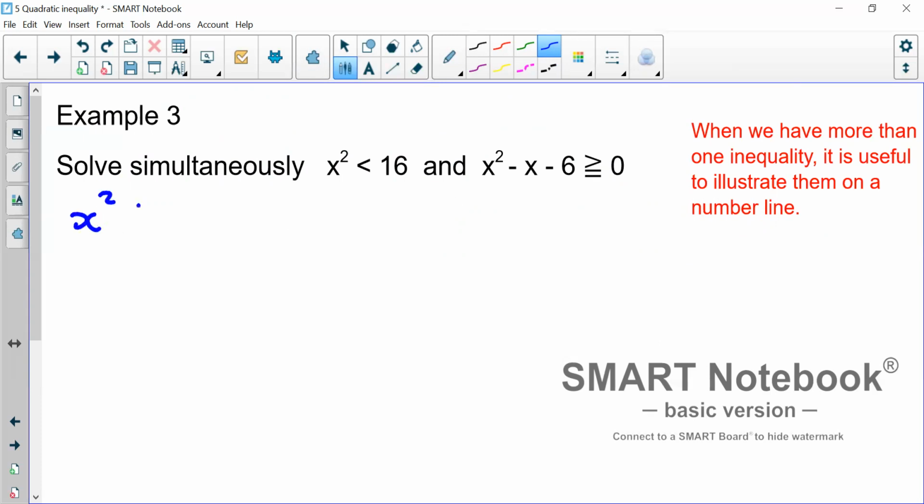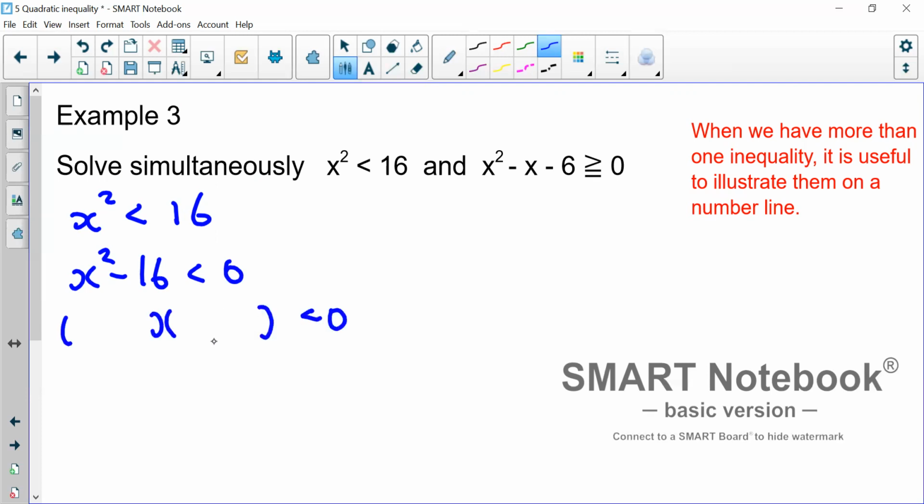First one, we have x squared, which is less than 16. So I can move the 16 to the left-hand side to get x squared minus 16, which is less than 0. And then I will use the difference of squares formula to factorize my left-hand side. The difference of squares formula says if you have a squared minus b squared, I can change it into a plus b times a minus b.